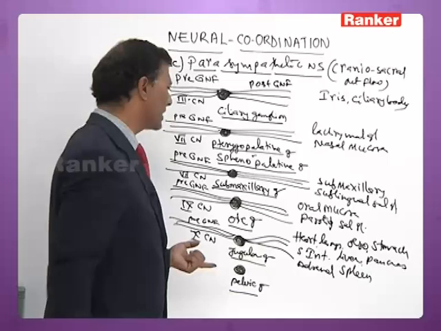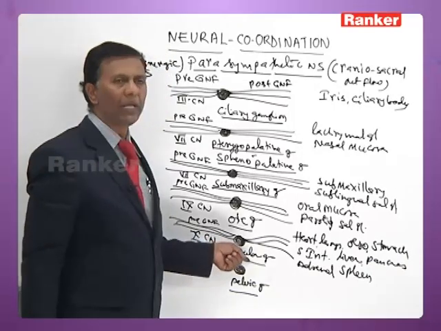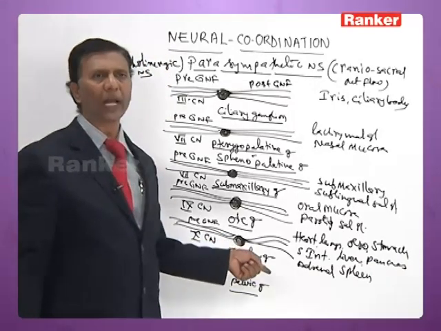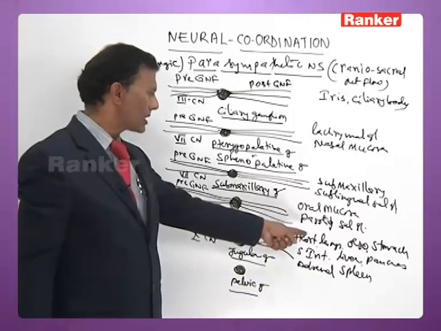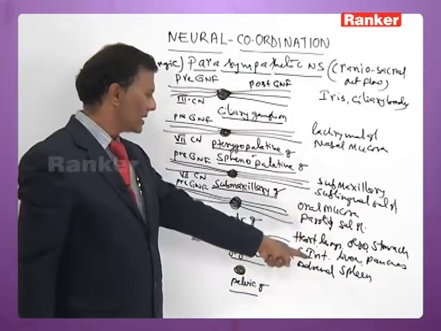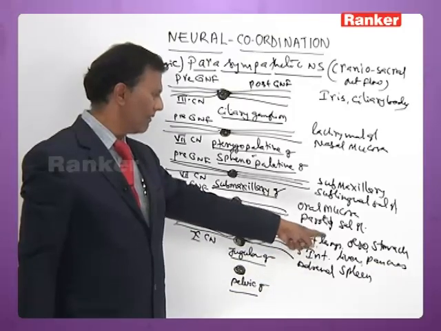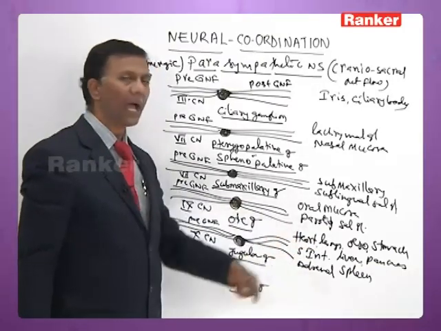So all these organs get nerve fibers from the jugular ganglion.